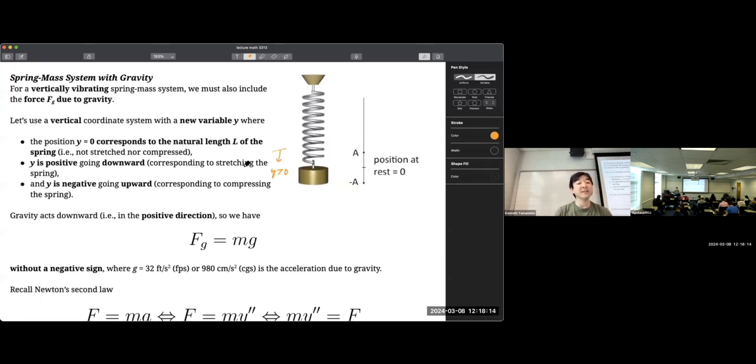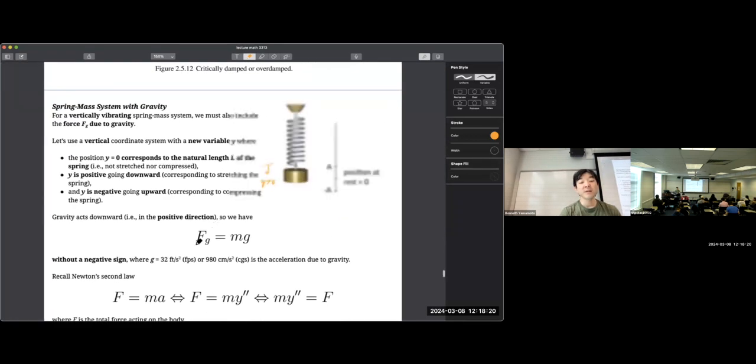Using that convention that down is positive, your force due to gravity will be F sub G, using a subscript G for gravity, equal to mg. You might be used to seeing negative mg, but if we're using the convention that down is positive, then it's just positive mg.